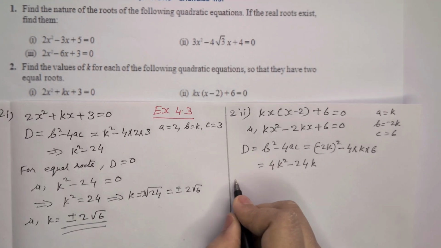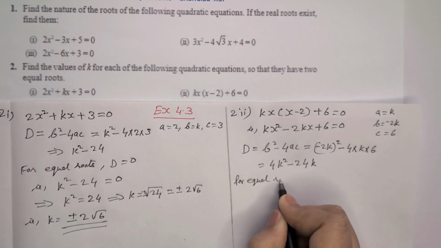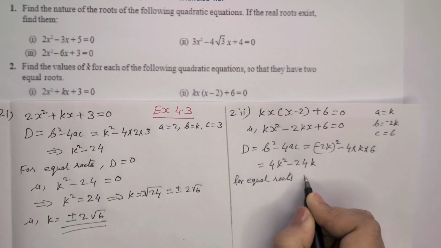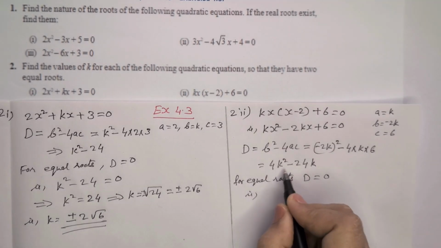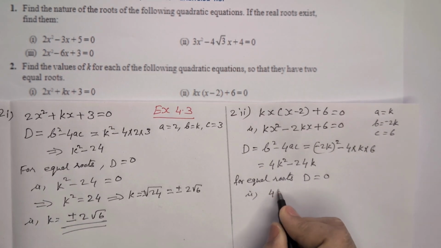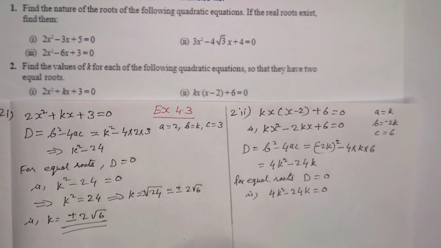Again this also has equal roots. For equal roots, D is equal to 0. That is, here we got D as 4k square minus 24k is equal to 0.